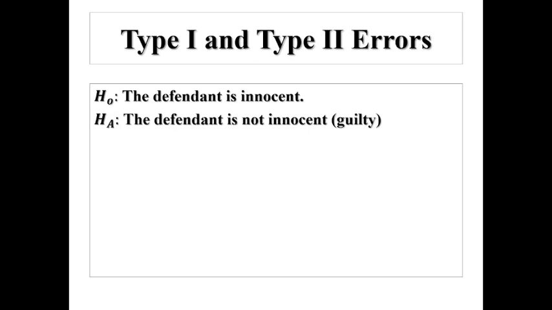So we want to show, so the research hypothesis here is the evidence that the defendant is, using the terms like here, not equal to. So I'm using is not innocent. Usually it is guilty, right? And the null hypothesis is innocent.